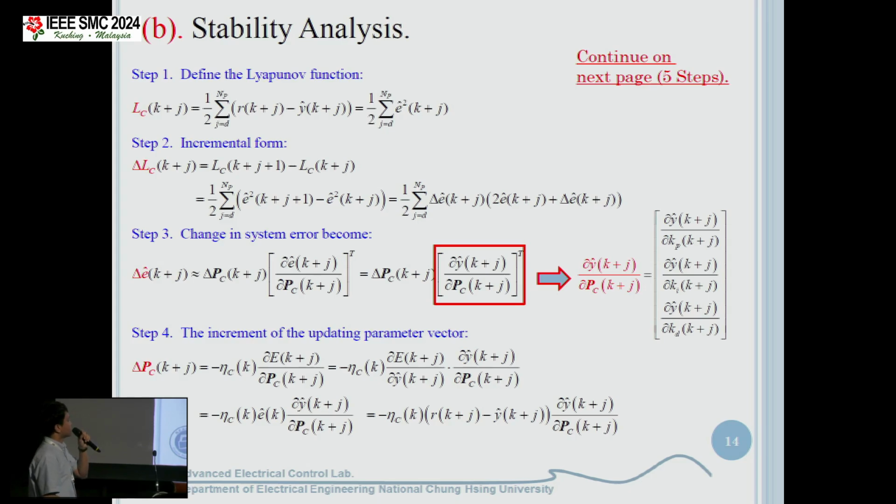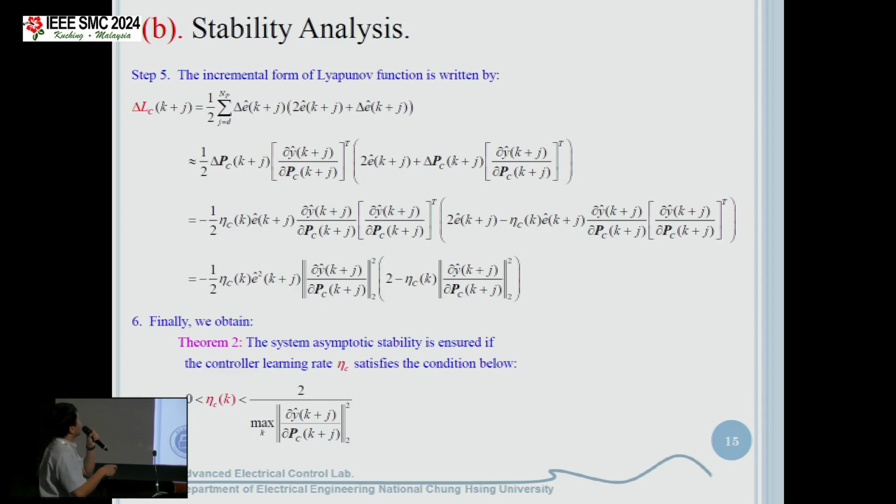And then for the stability of this closed loop system, we follow 5 steps, where step 1 until step 4 are here, and then step number 5 is here. Following these 5 steps, we get theorem 2, where this closed loop system is asymptotically stable if the control learning rate, which we write as eta c, on each iteration of the sampling instant follows this equation.